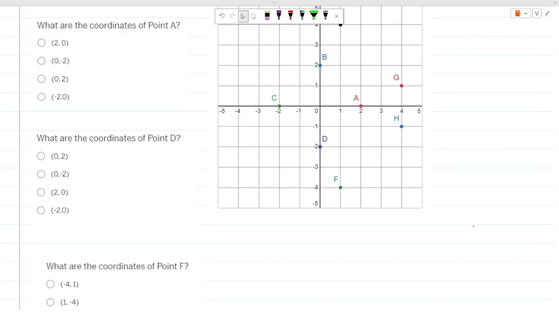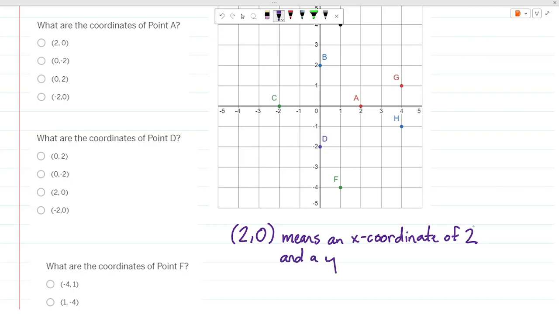For instance, the point (2, 0) means an x-coordinate of 2 and a y-coordinate of 0.